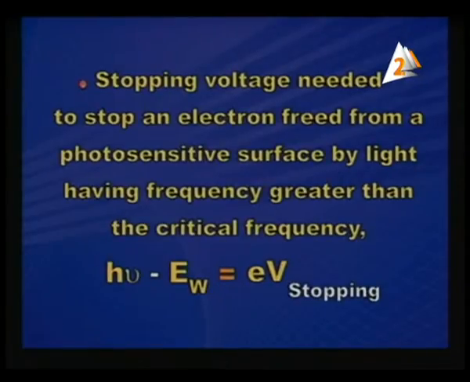The energy is the product of the charge of the electron and the voltage. This voltage will be equal to the stopping voltage, since it is equal to the maximum kinetic energy of the freed electron. Once again, h nu minus EW equals eV, where V here is the stopping voltage.